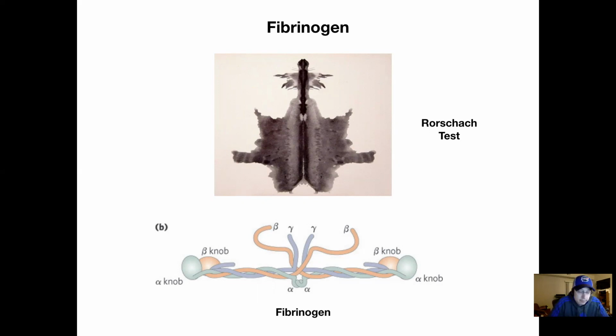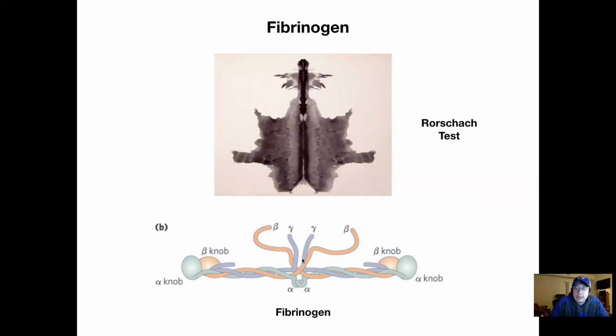fibrinogen is a what in terms of quaternary structure? What do you see when you look at this? It looks like spaghetti, just woven in around itself. But how would you describe its quaternary structure in biochemical terms? Well, you see that there's alpha, beta, and gamma, right?